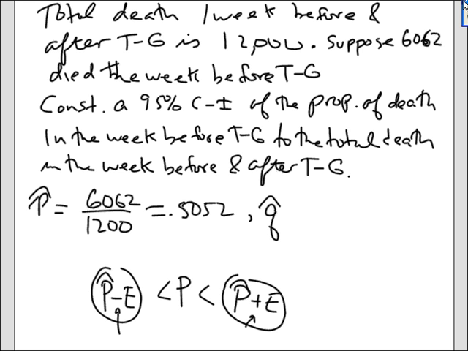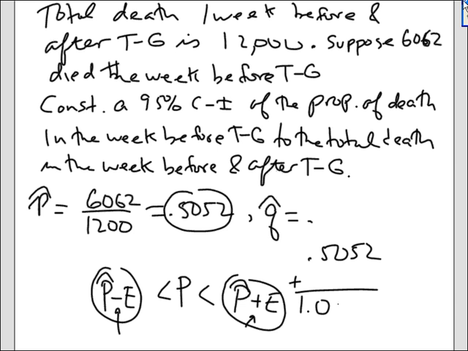Well, it turns out that q hat will be, what's 1 minus that? Or what do you add to 0.5052 to get 1.0000? Well, 2 plus 8 ends in a 0, it's 10, carry the 1. This is 6, add 4, get 10, carry the 1.